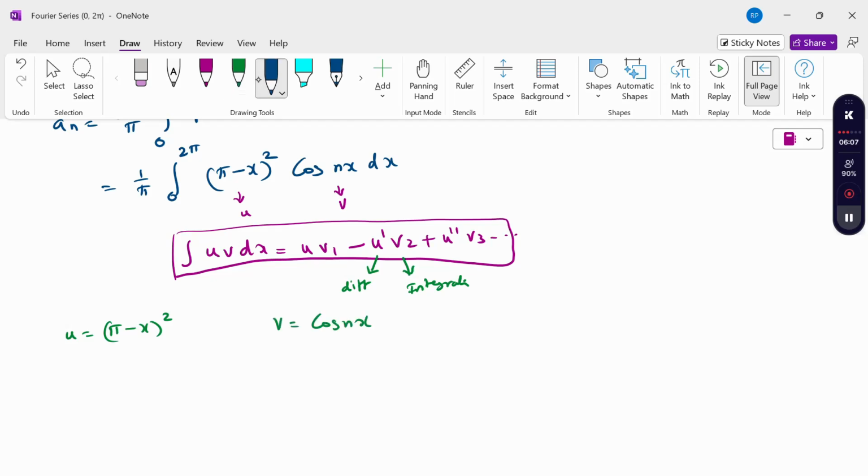So this column is differentiation, and this column is integration.